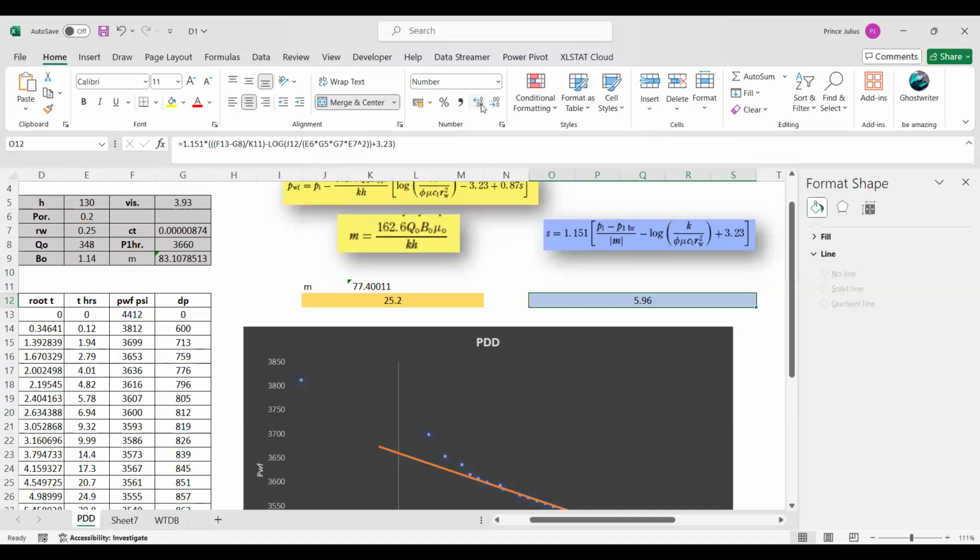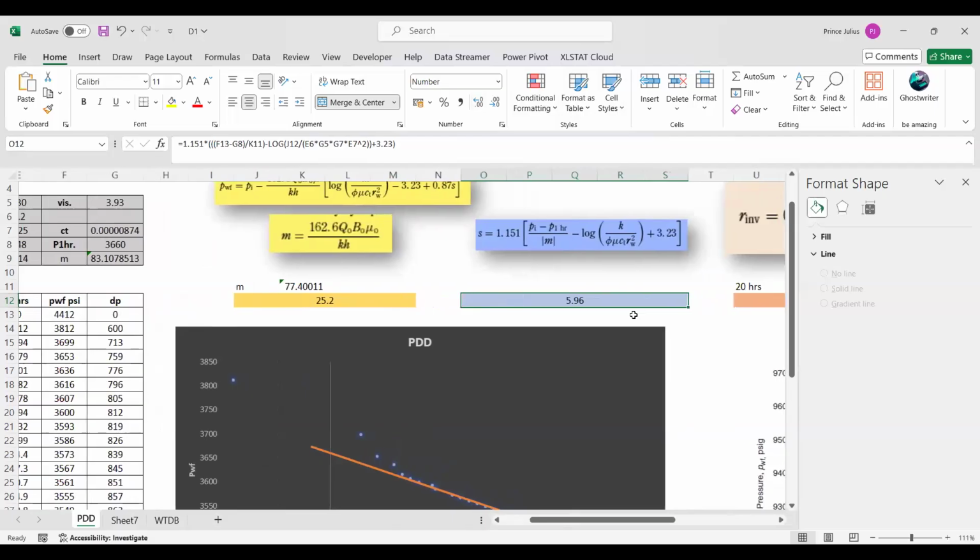You have to reduce the skin factor towards zero so that the production will be enhanced. Permeability also will be improved. And if you could increase permeability more, the skin factor will go towards negative, so that it will be even better. Hydraulic fracturing and other techniques can be used to improve the skin factor. So the damage is there around the wellbore.